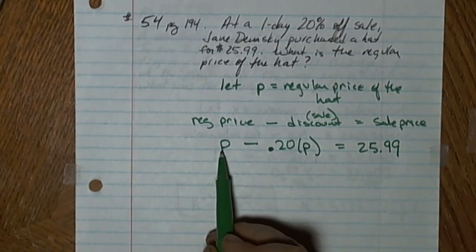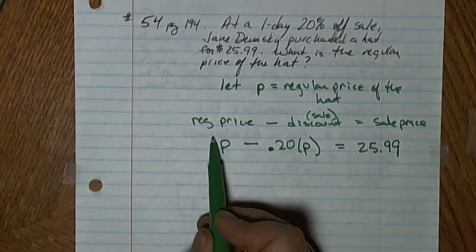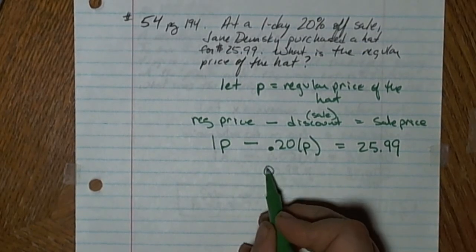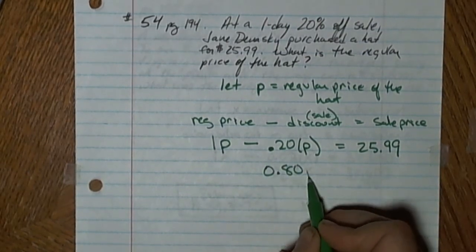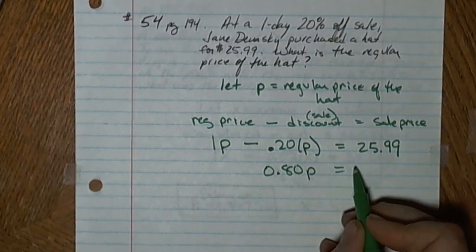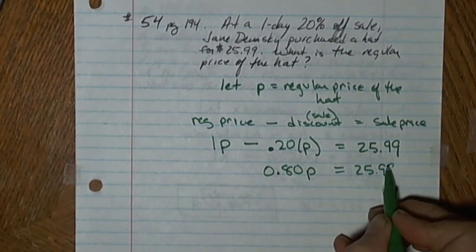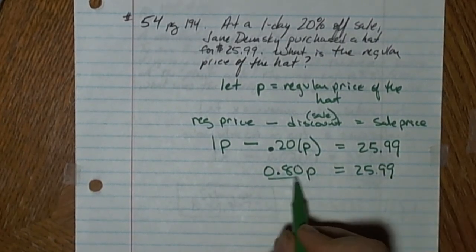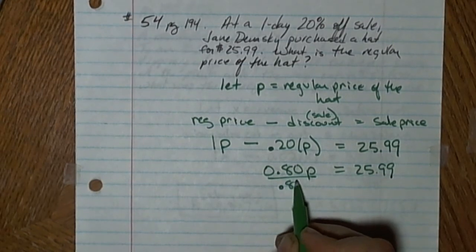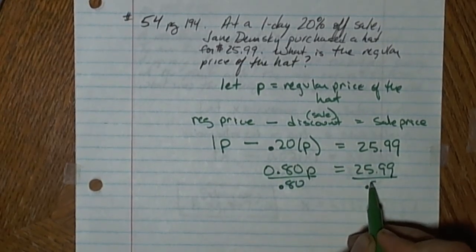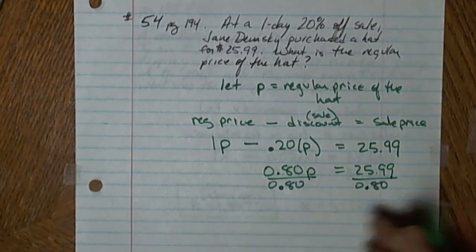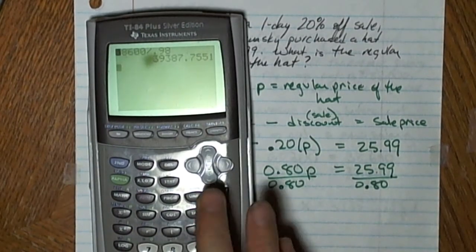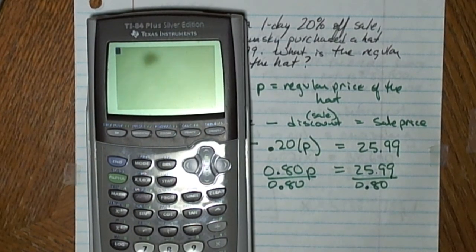So again, I have P minus 0.2P. So 1 minus 0.2 is 0.80P, or just 0.8P, equals $25.99. To get P by itself, I would divide by that coefficient, 0.80. And on my calculator, I have 25.99 divided by 0.8.